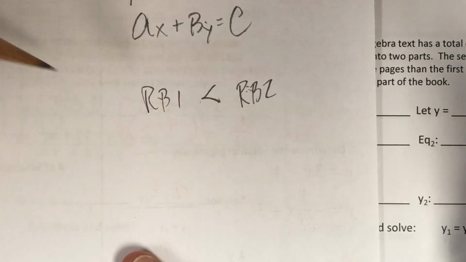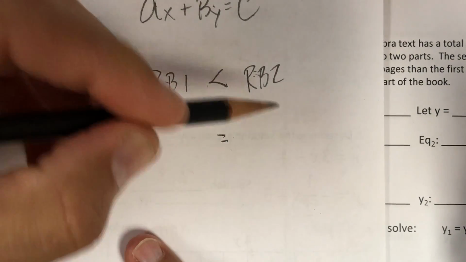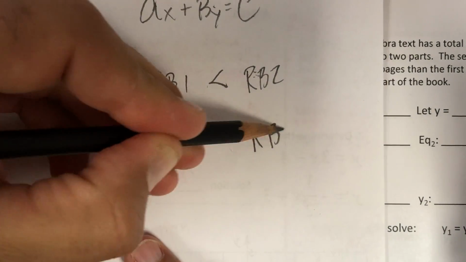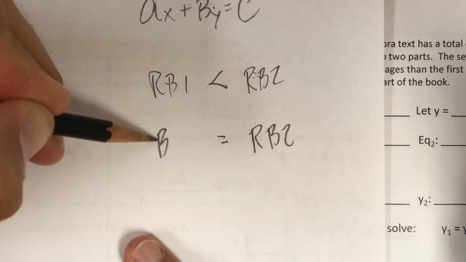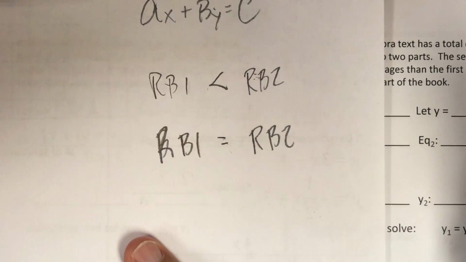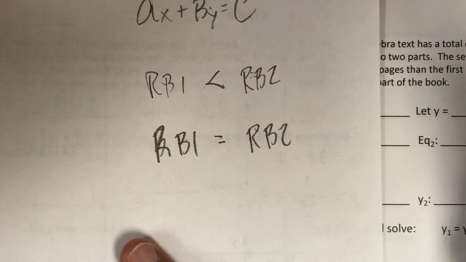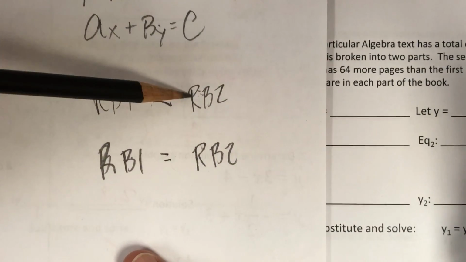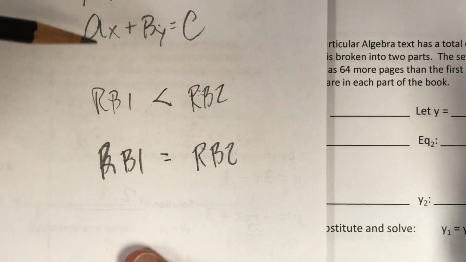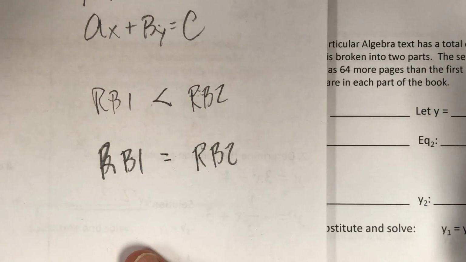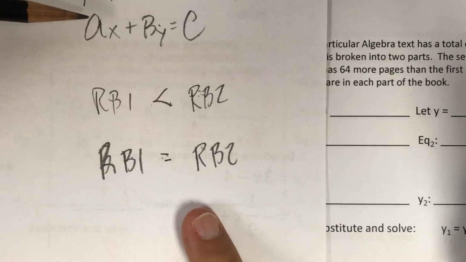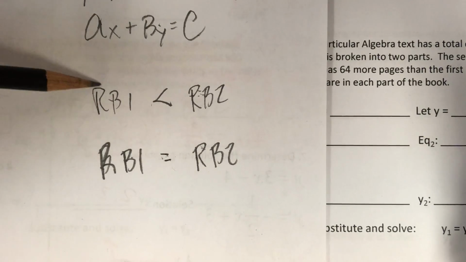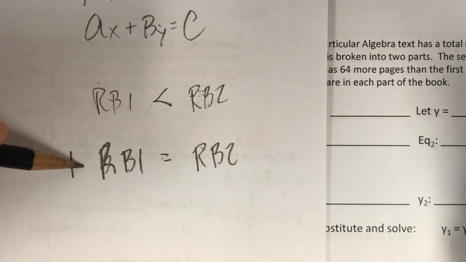Well, that's the inequality for it, but what happens if we want to make them equal? How would we make these equal? Well, it says that it's 4 times as many. If running back 2 is the bigger one, where does the 4 times go? One of these has to be multiplied by 4. In order to make them equal, the smaller one has to be multiplied by 4.